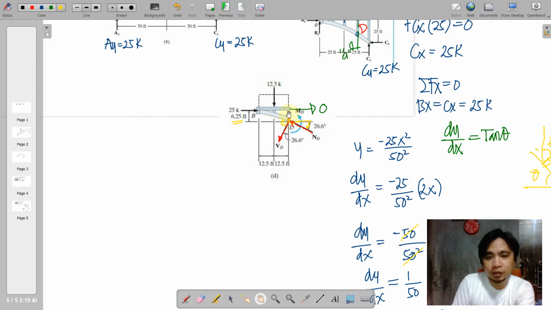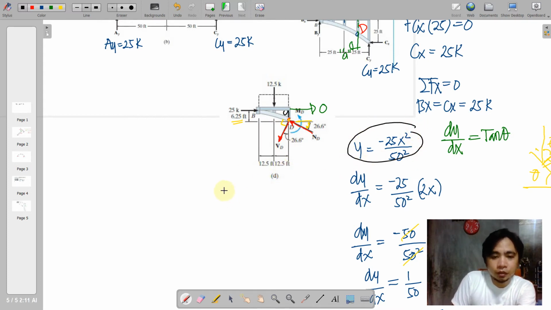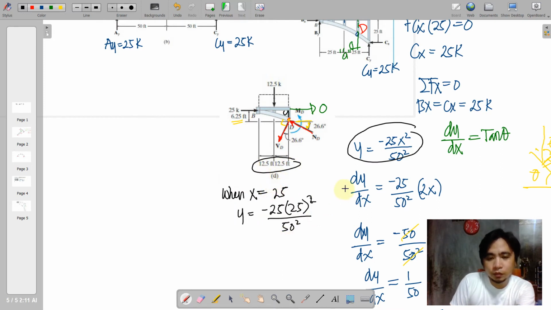Let us label this as our y, being proportional to the larger spandrel a while ago, and your x is 25. So we'll just use this equation. When x is 25, we substitute it in this function, and calculating that, we actually have 6.25.